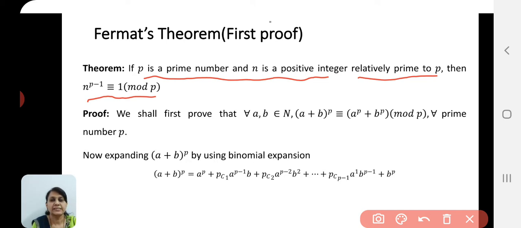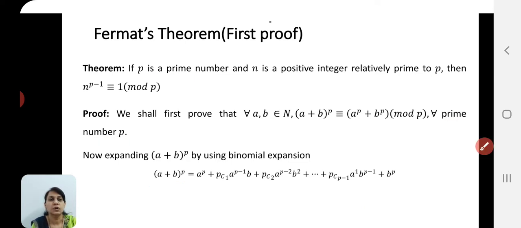The proof goes like this. We shall first prove (a plus b) raised to p is congruent to a raised to p plus b raised to p mod p for every prime number p. For this we use the binomial expansion for (a plus b) raised to p.